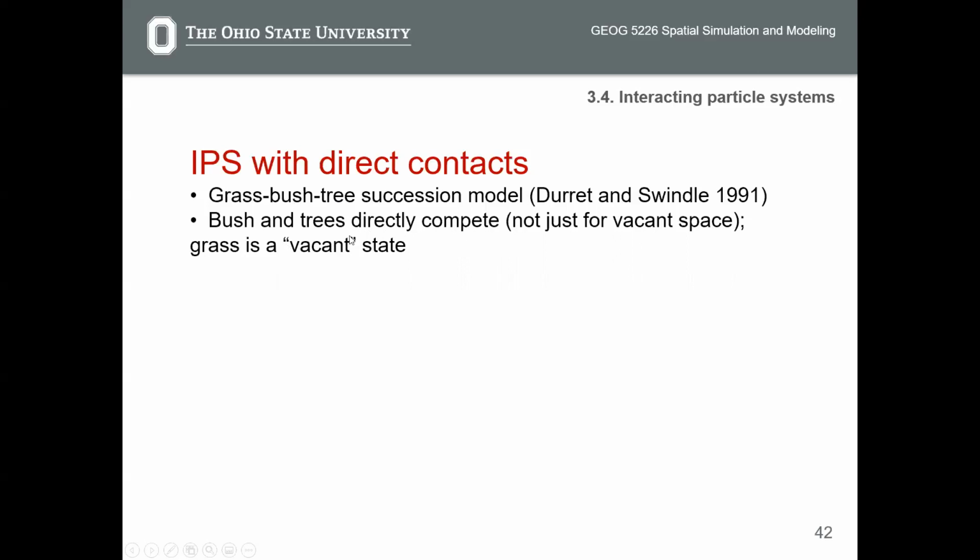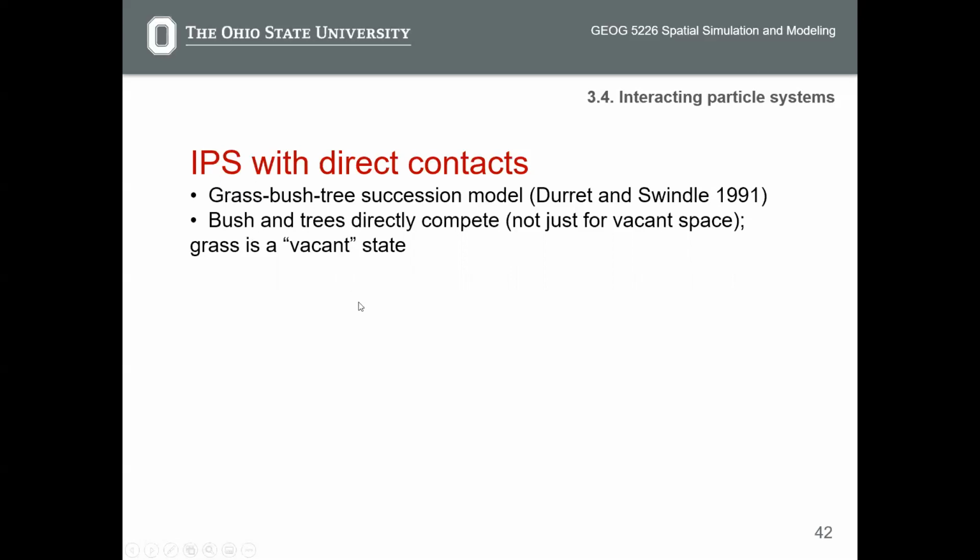Not just; they compete not only for vacant space. Grass here is considered a vacant state because it's 0. You can say this is a 3-state scenario, which means you consider 0 as a state, or you can say it's a 2-state scenario because grass is 0 and not part of the computation.